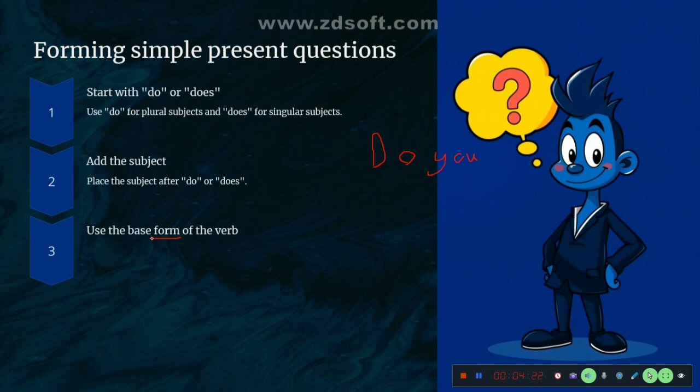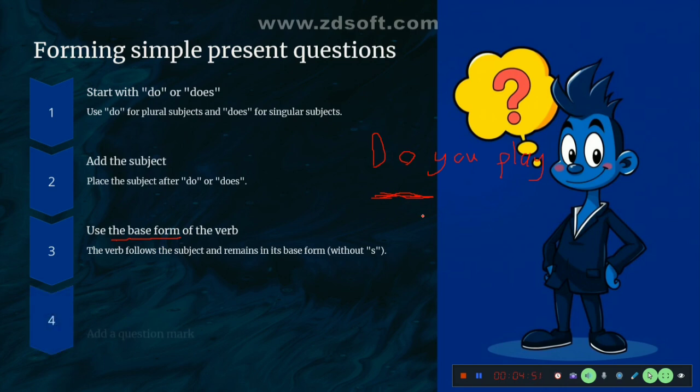The base form of the verb without any s or es. The verb follows the subject and remains in its base form without s. So for example, I play. Do you play, for example, video games?